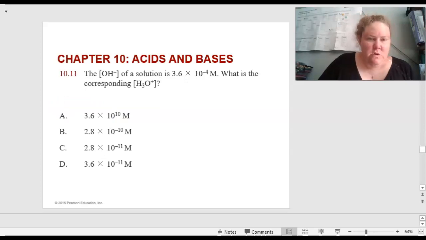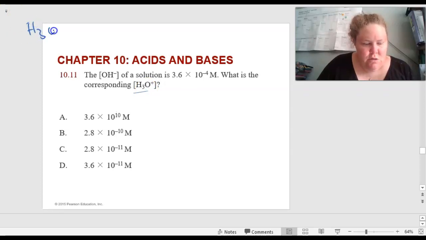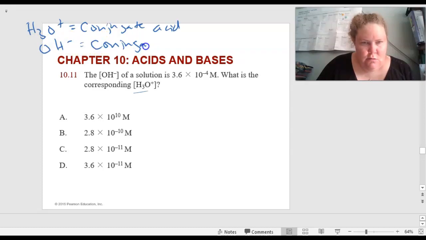Okay. So this one, the OH of a solution is 3.6 times 10 to the minus 4. What is the corresponding H3O plus? So basically, if we do a couple definitions here, the H3O plus is going to be your conjugate acid, and your OH minus, just remember, is going to be your conjugate base.